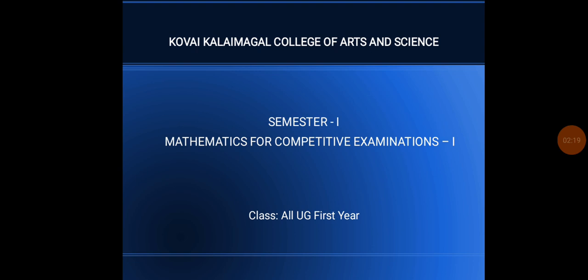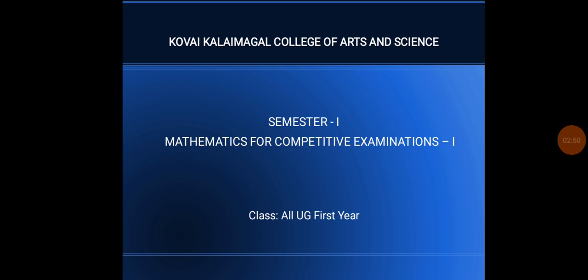Okay, any number that can be written as a ratio of one number over another number is called a rational number. Okay, it is in the form of P by Q, that is P divided by Q, and it is denoted by capital Q.